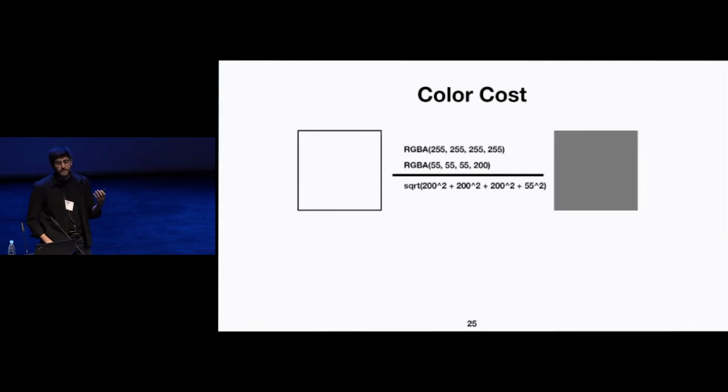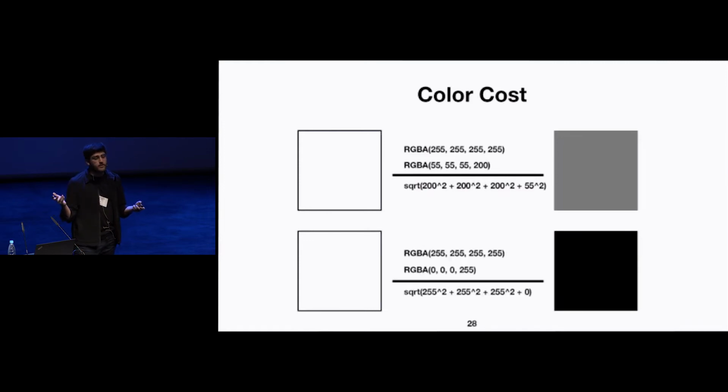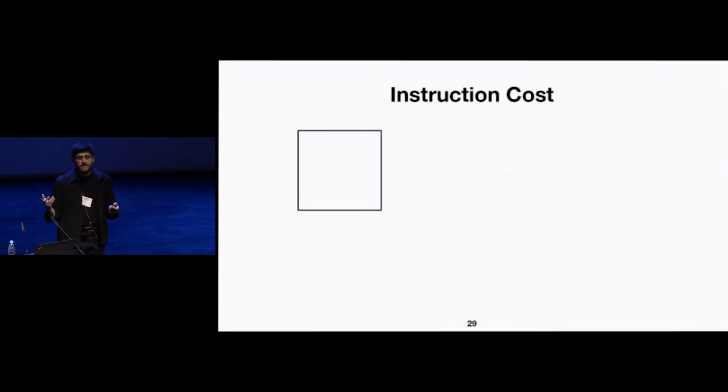we use this RGBA Euclidean distance to get the color distance of these two pixels, and then we aggregate them over the whole painting. If you had something farther away with respect to RGBA space, then you would have a larger cost. The second type of cost is the instruction cost.